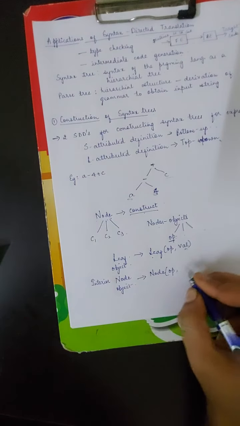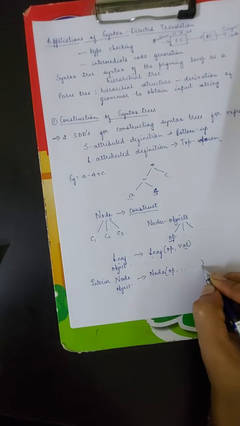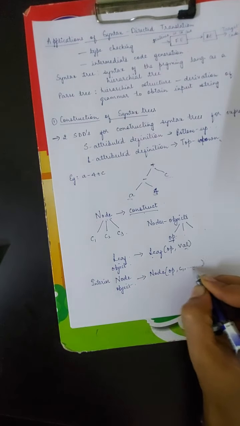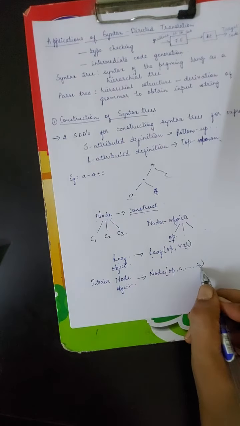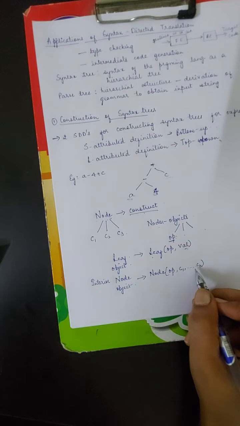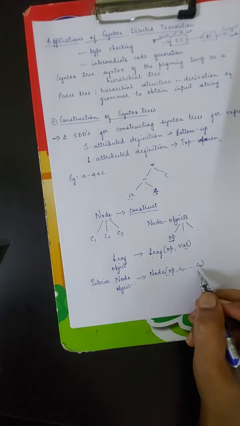OP is the first field, followed by the children that it has, up to ck. If it has k number of children, the additional fields hold the attribute values for these children.